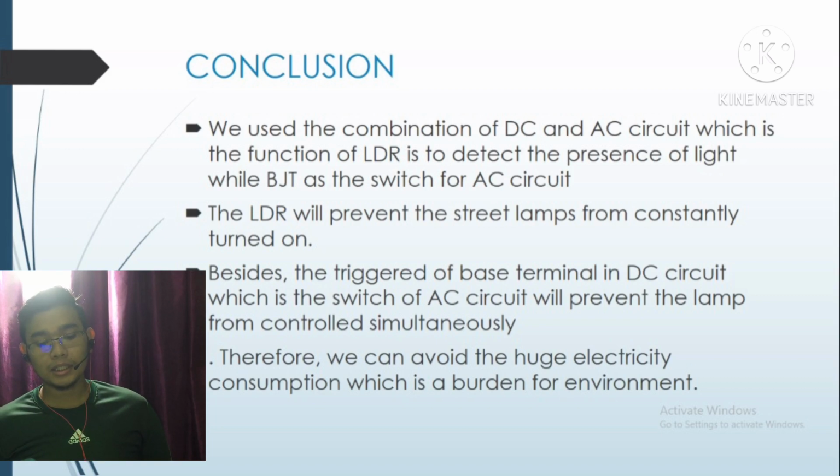Besides, the trigger of the base terminal in the DC circuit, which is the switch of the AC circuit, will prevent the lamps from being controlled simultaneously. Therefore, we can avoid the huge electricity consumption, which is a burden for the environment.